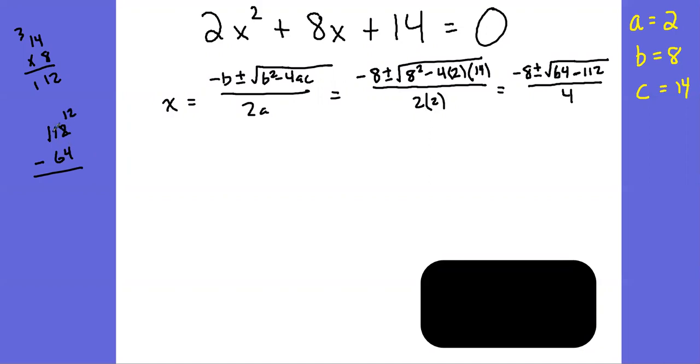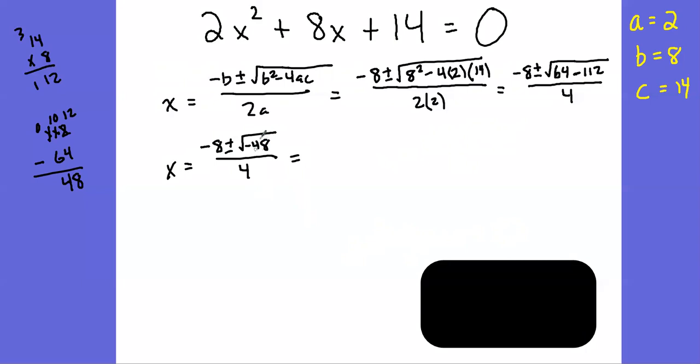Well, let's do a little bit of borrowing here. 12 minus 4 would be 8. 10 minus 6 is 4. So 64 minus 112, that's just going to be negative 48. So now I know that x is equal to negative 8 plus or minus the square root of negative 48 all over 4.